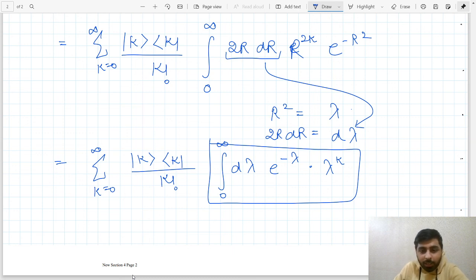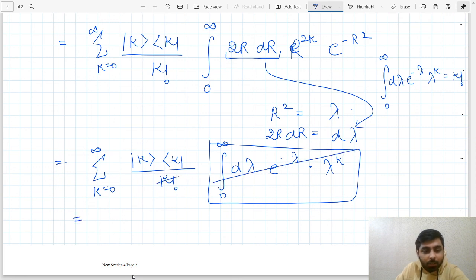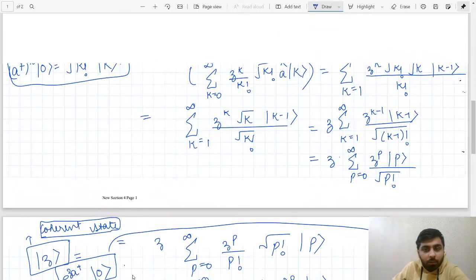So this integral is equal to k factorial. Okay, so we can simply cancel this with this, and we get the sum over k equals 0 to infinity of the projector onto k. And we have already talked about this before.